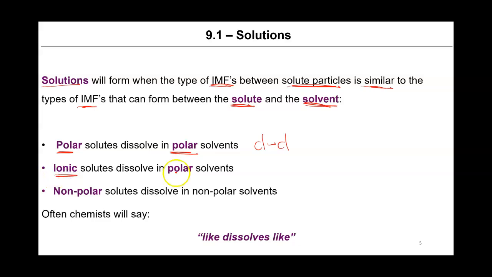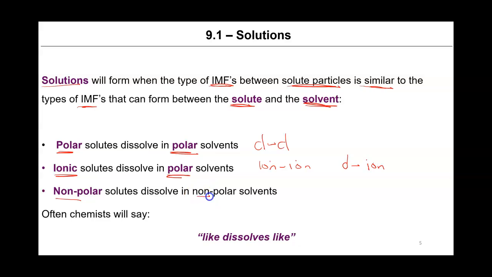Ionic solutes dissolve well in polar solvents because the ion-ion interactions between the particles that make up the ionic solid are similar to the ion-dipole interactions that can form between the polar solvent and the ionic solute.